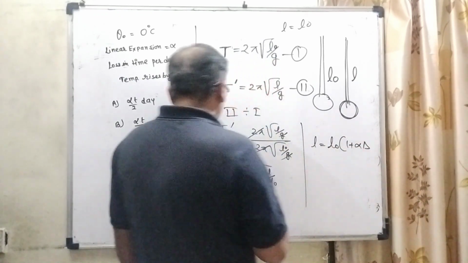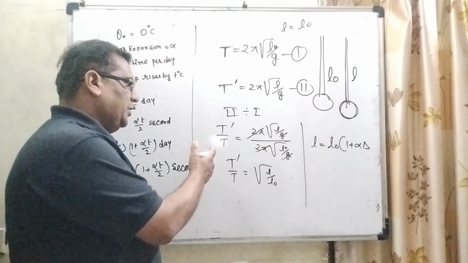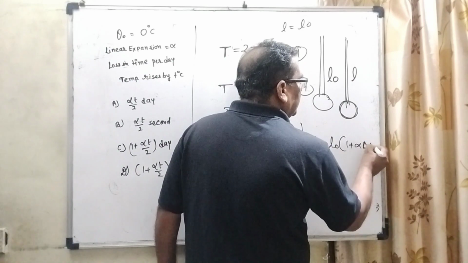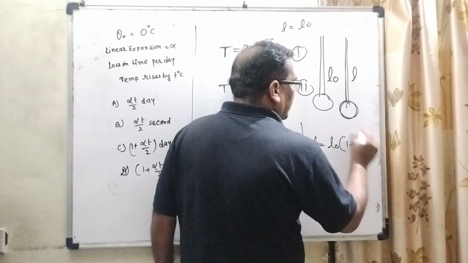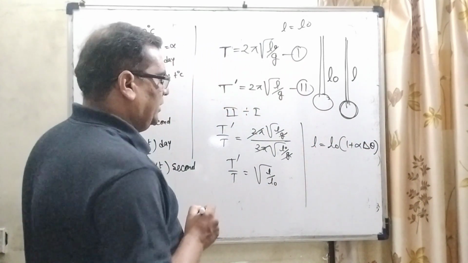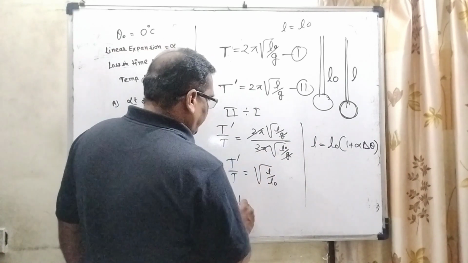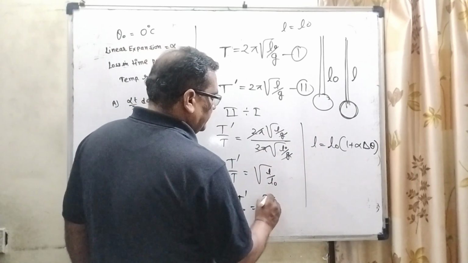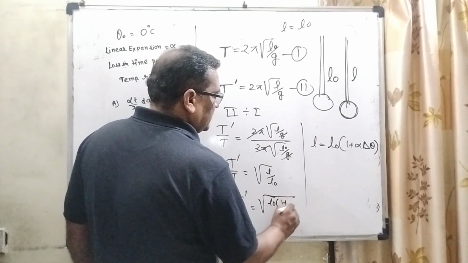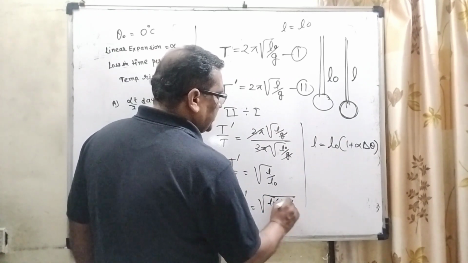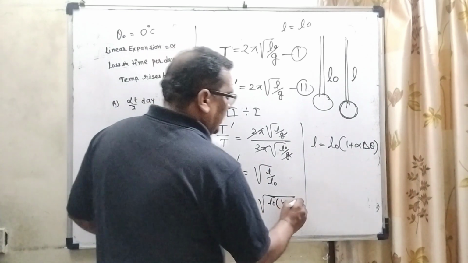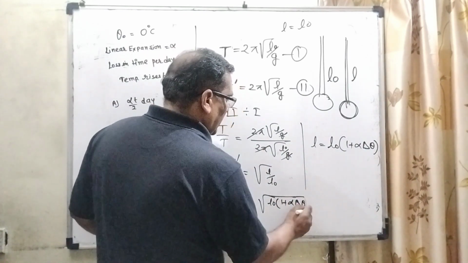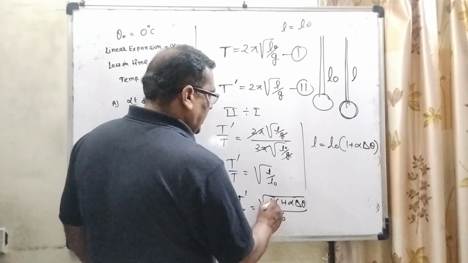But here capital T is already used for time period, so we have taken theta, delta theta. So in place of L we put L naught (1 plus alpha, the coefficient of linear expansion, delta theta, the temperature difference) upon L naught. L naught cancels out.